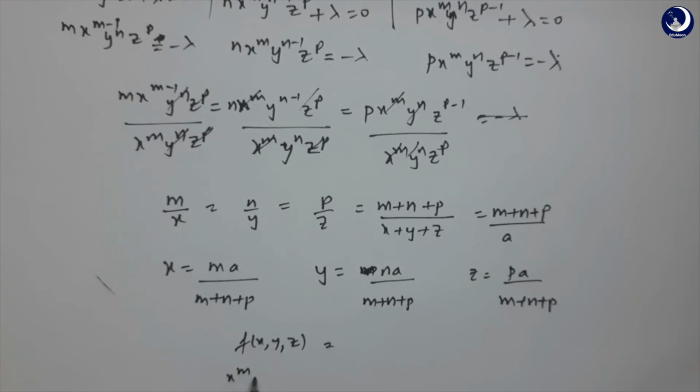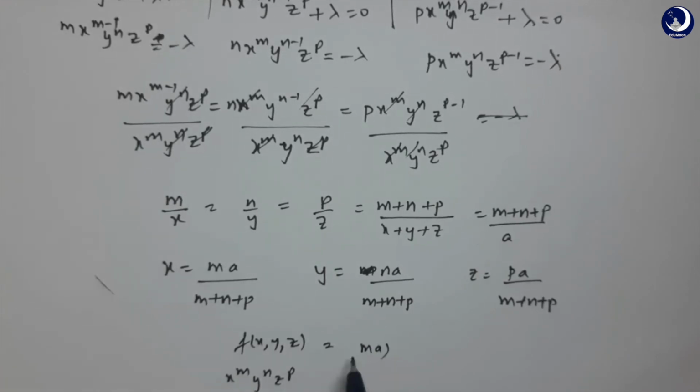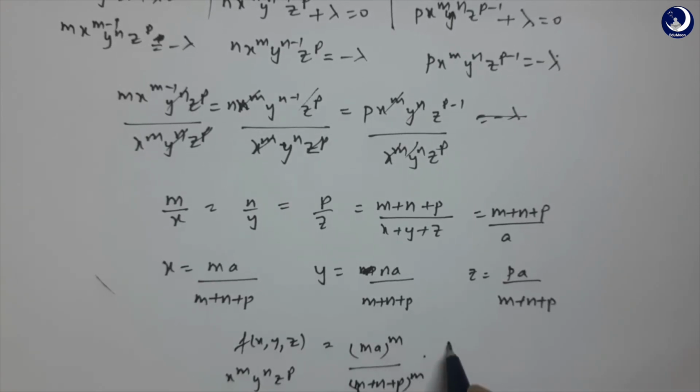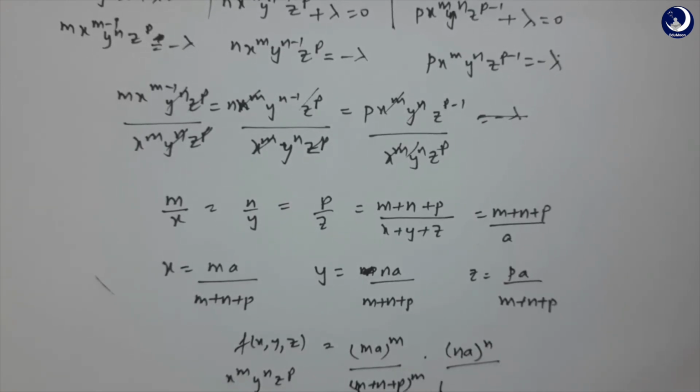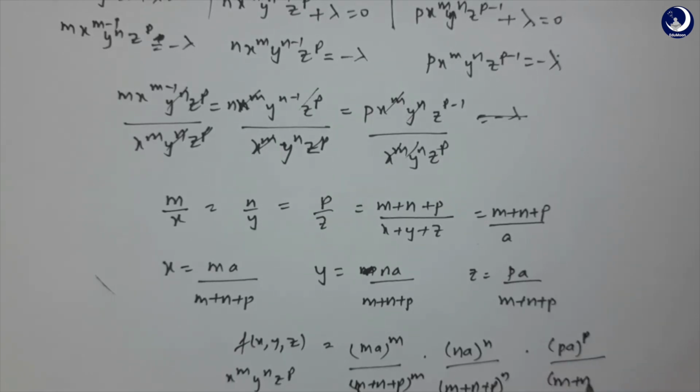Function is x^m y^n z^p, right? So our x is (ma/(m+n+p))^m into (na/(m+n+p))^n, and (pa/(m+n+p))^p.